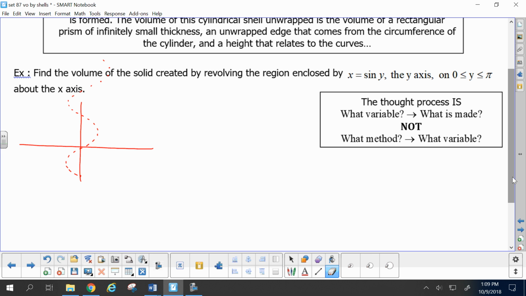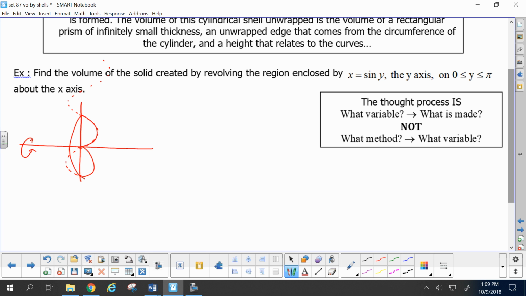Now I'm talking just the part from 0 to pi. And it's revolved. If it were revolved around the y-axis, that'd be great, I'd use this, no problem. But if it's revolved around the x-axis, then I get this kind of shape. You with me?